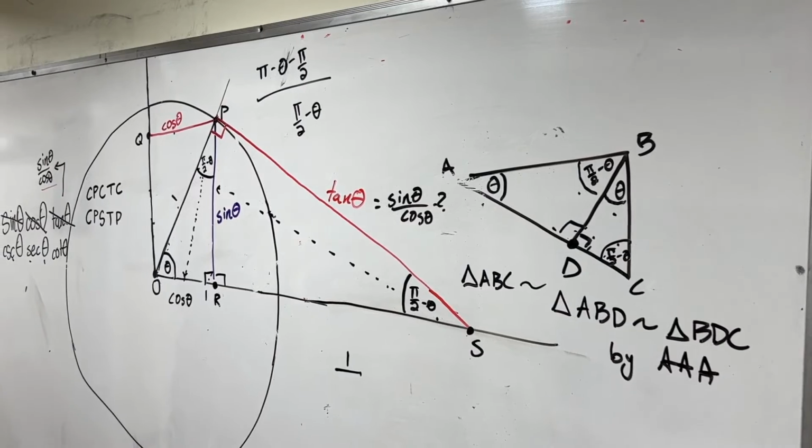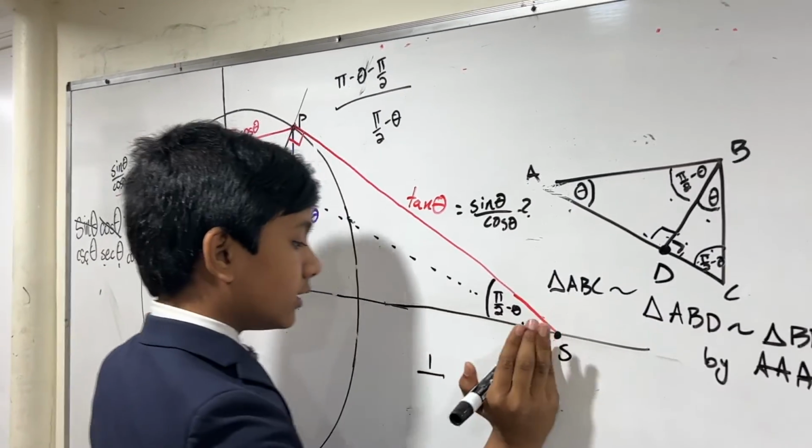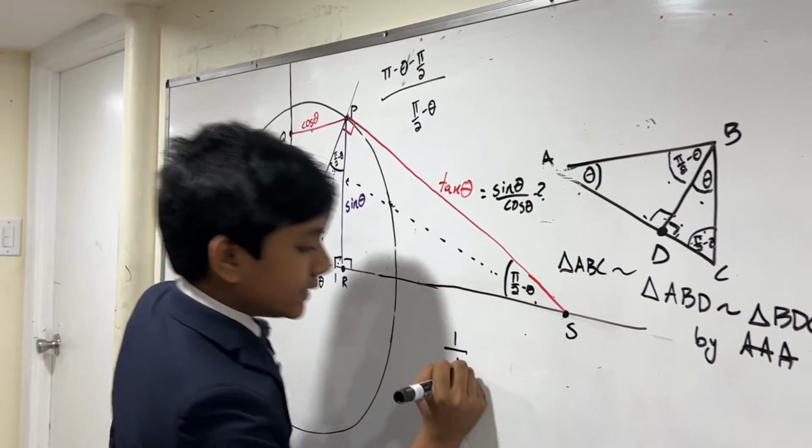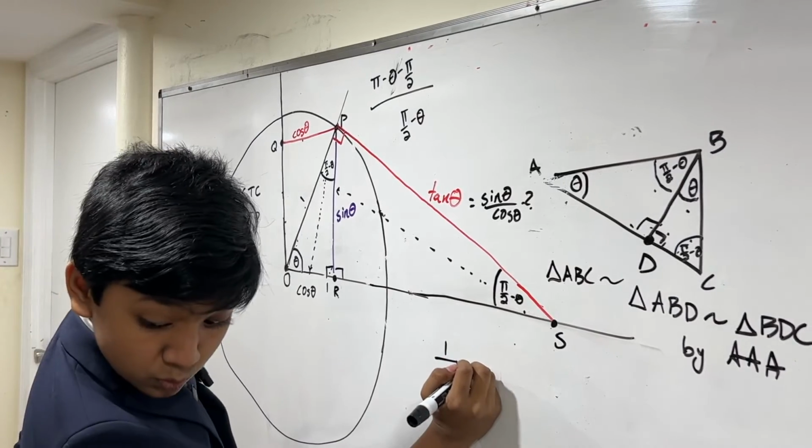And then this length that we're trying to find, and I'll call that d for right now, is opposite to the right angle.